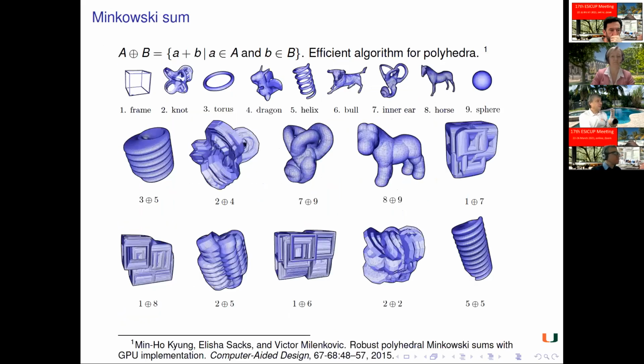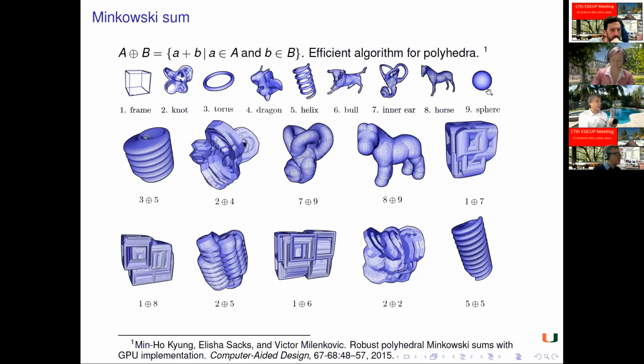So this can be generalized to 3 dimensions. The Minkowski sum is simply, for A Minkowski sum B, A plus B for points in A and B. And we developed an efficient algorithm for polyhedra.